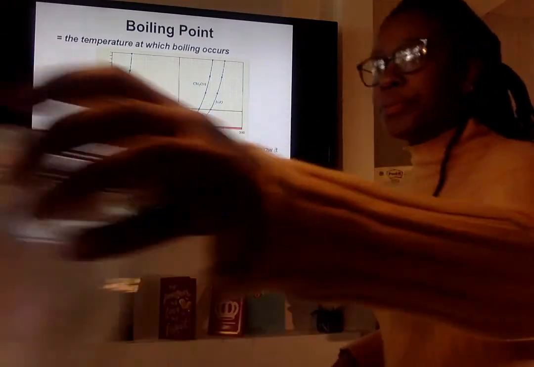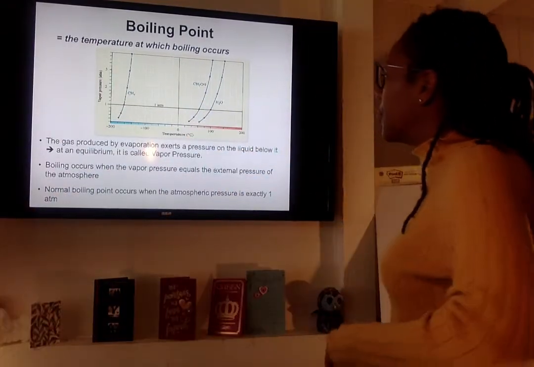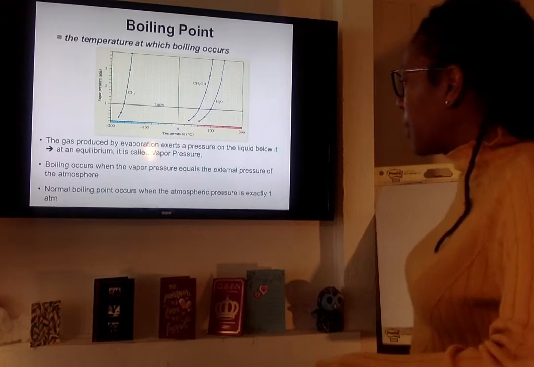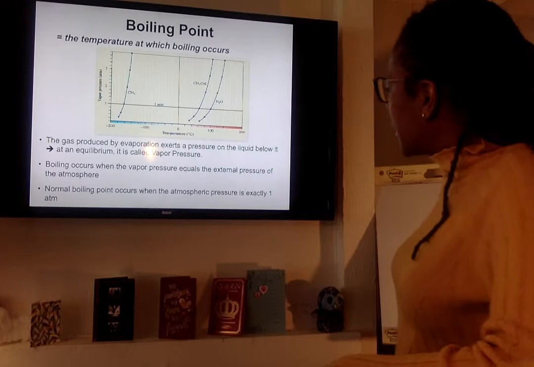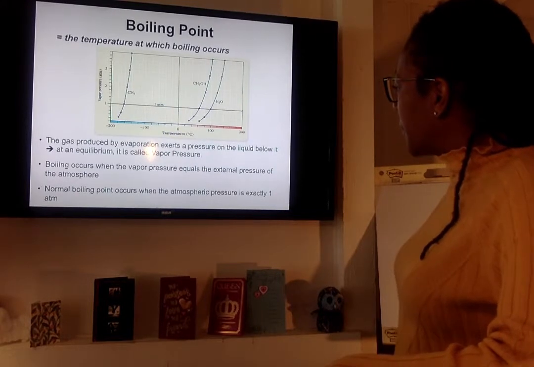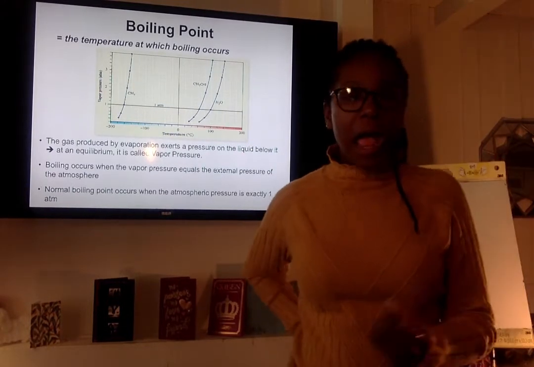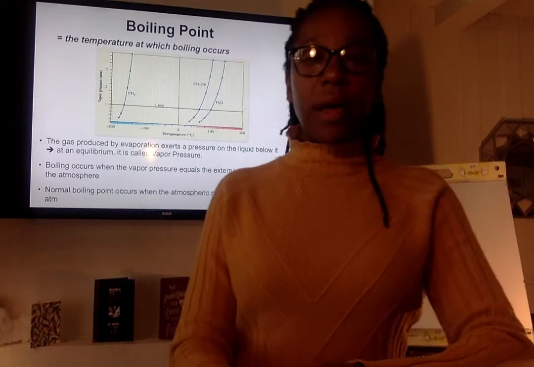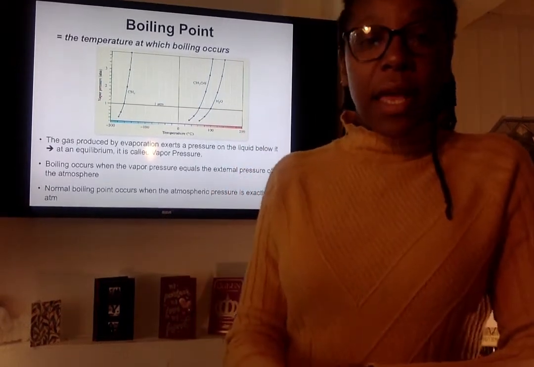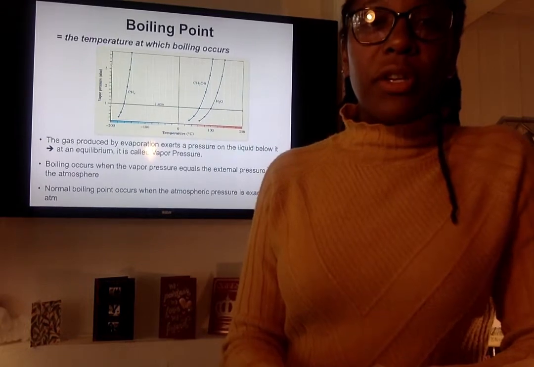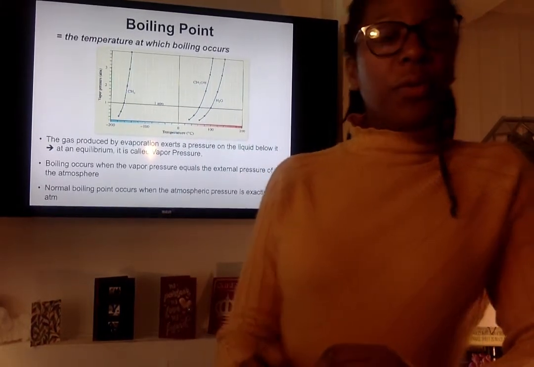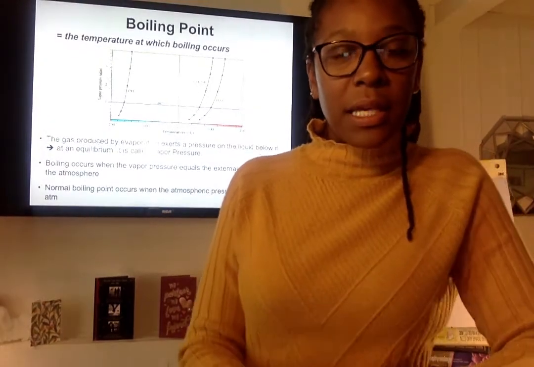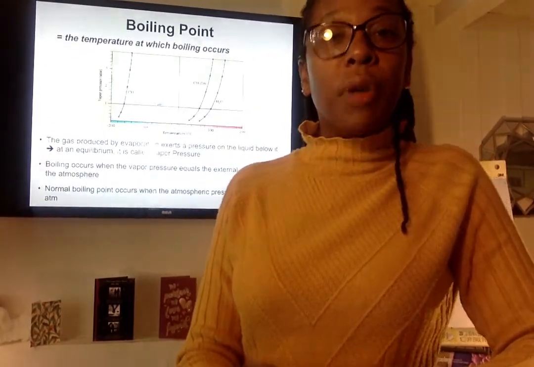Okay, so normal boiling point occurs when atmospheric pressure is exactly 1 atm. Remember how we talked about last time when we talked about gases, and I discussed STP, which means standard temperature and pressure.